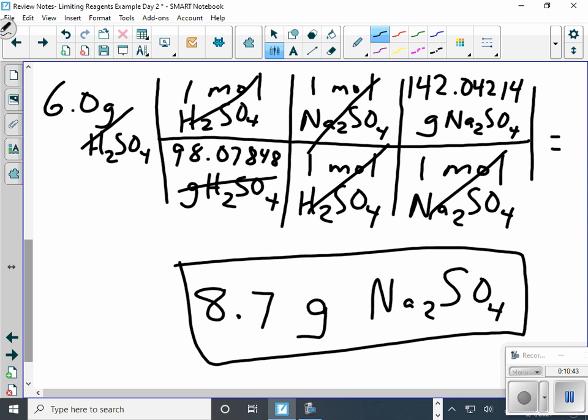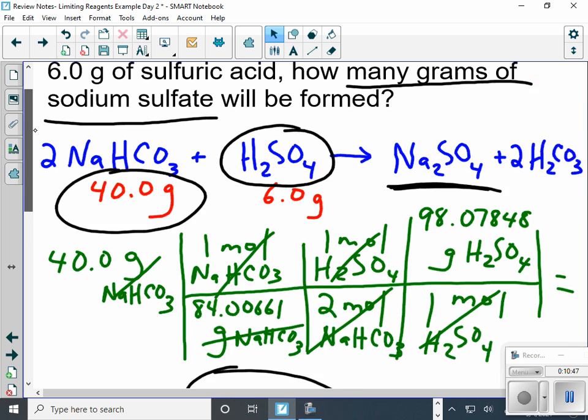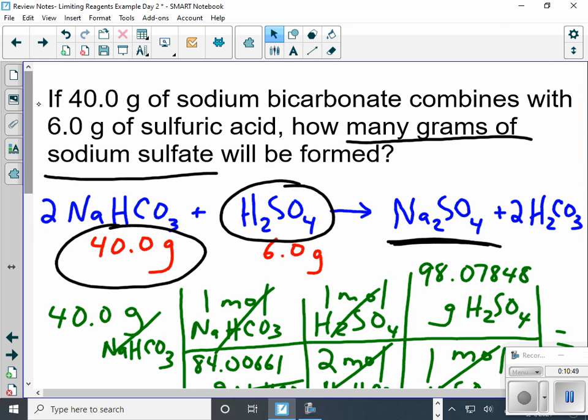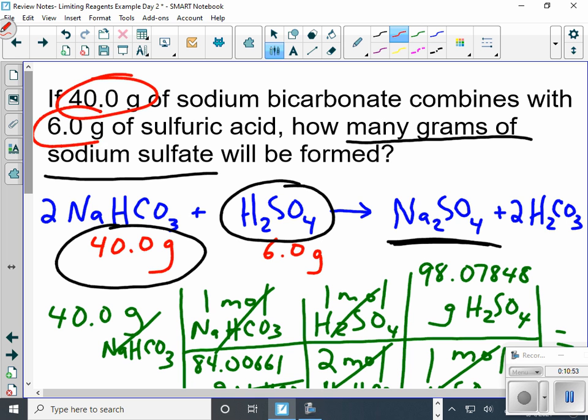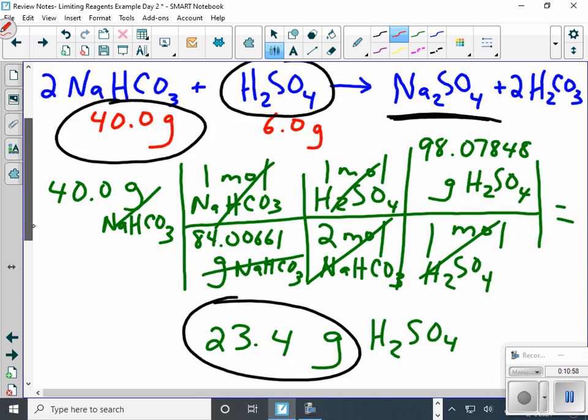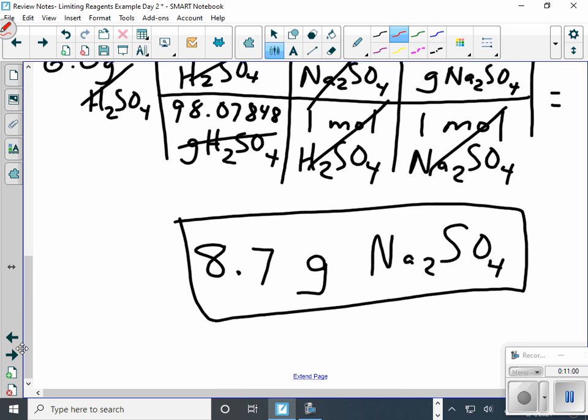So what does that tell me? It goes back up here, and it says that if I have 40 grams of sodium bicarbonate and 6 grams of sulfuric acid, I ought to make 8.7 grams of sodium sulfate when that reaction is done.